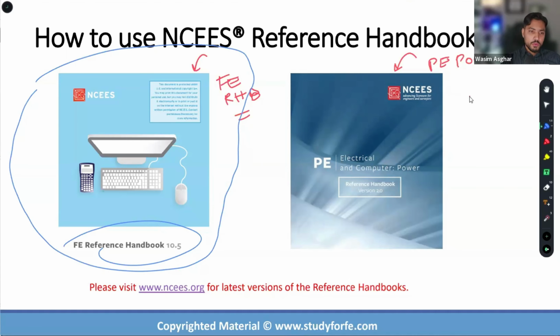Because for the most part, pretty much every single line item mentioned in the exam specification, in the exam scope, if you can call it a curriculum, is very well captured in the FE reference handbook. The equations, the formulas, the definitions, and it can serve as a really good anchor, a really good guide, a lighting post, whatever you want to call it, for your exam preparation.